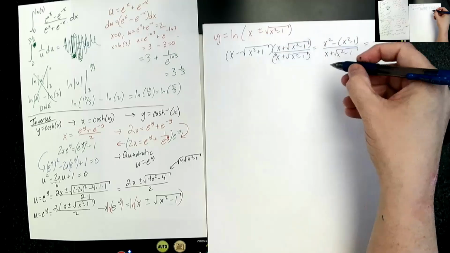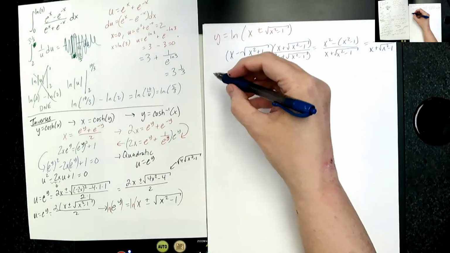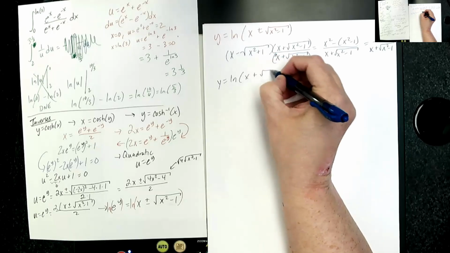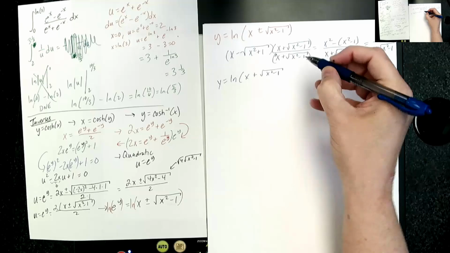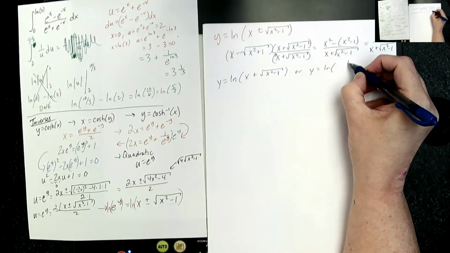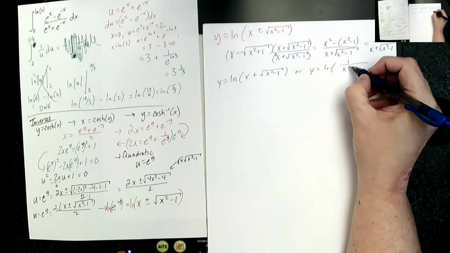So this would give me 2 answers here. y equals natural log of x plus square root of x squared minus 1, or y equals natural log of 1 over that. Oops.